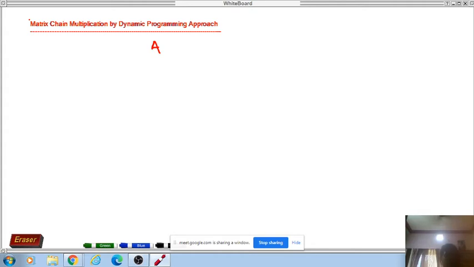Suppose we take an example. Let us say A1 is a matrix of order 5 into 4. Similarly, A2 is a matrix of order 4 into 6.